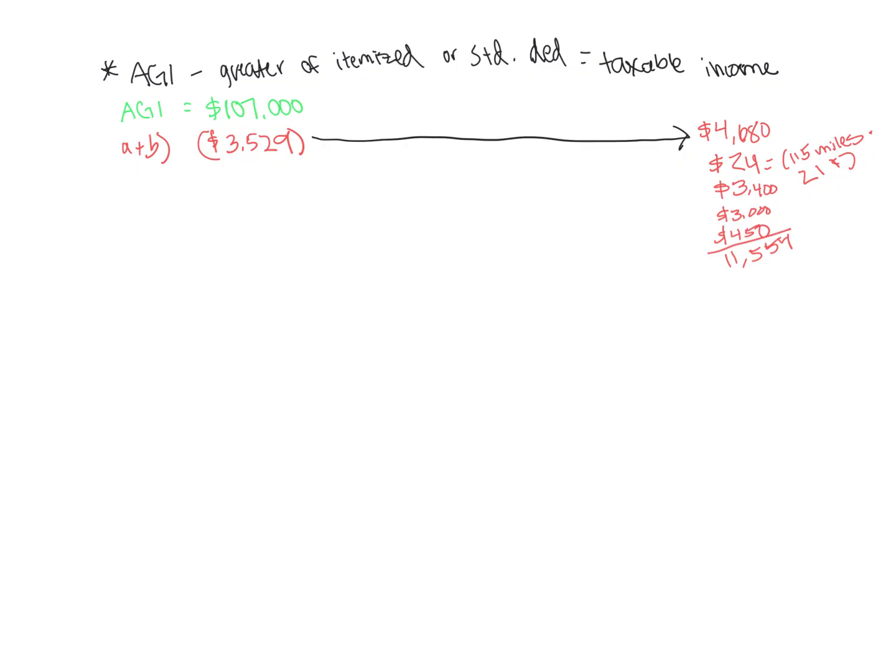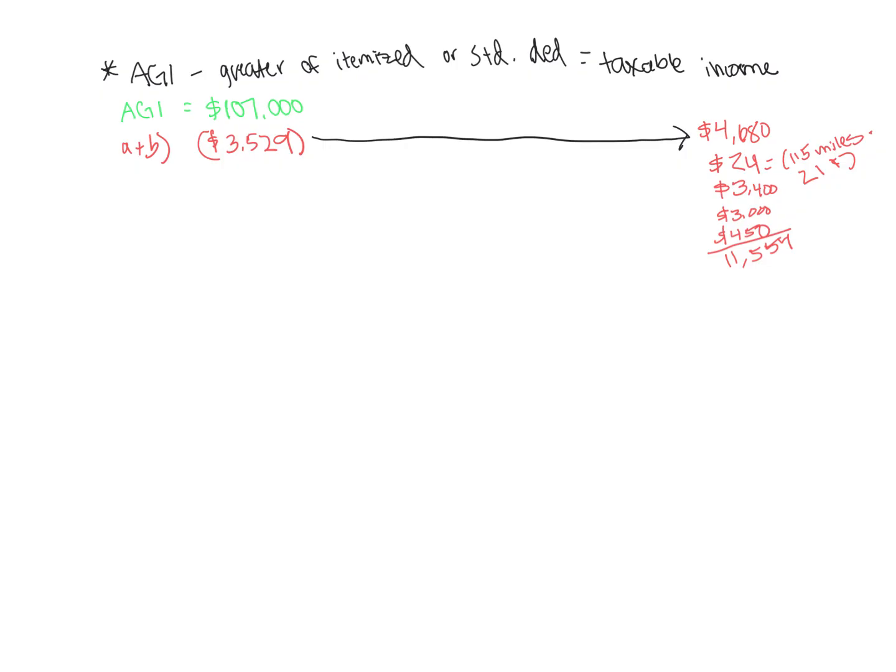However, we are not able to deduct that entire $11,554 because medical expenses are subject to an AGI floor, specifically a 7.5% AGI floor. So the way we would calculate that floor is we would take 7.5% and multiply it by AGI, which the problem told us was $107,000.